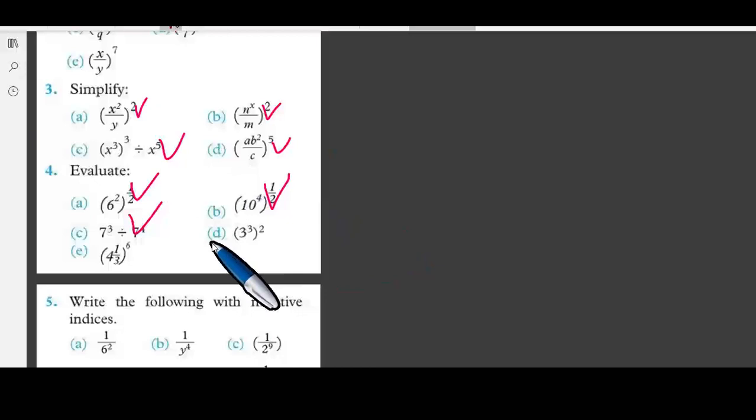Let's skip this problem and solve this, because it's easy. Let's solve this. I skipped this one. Now solve this. It's very easy to solve.